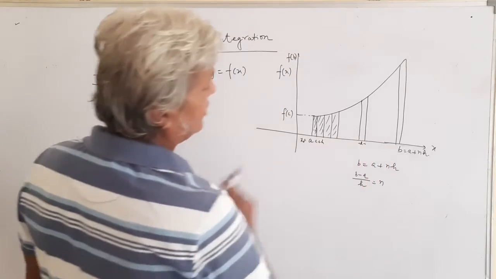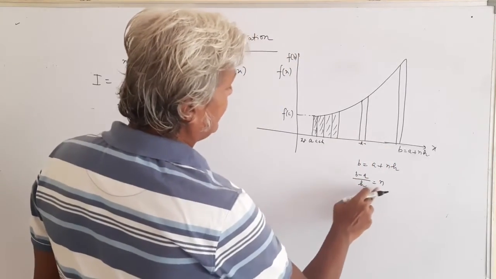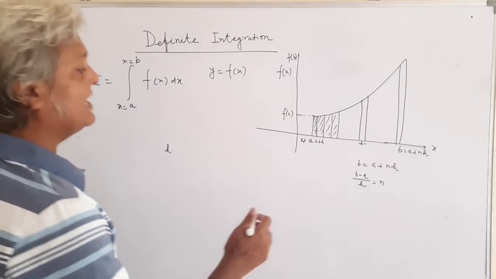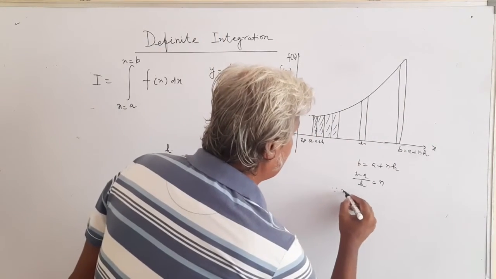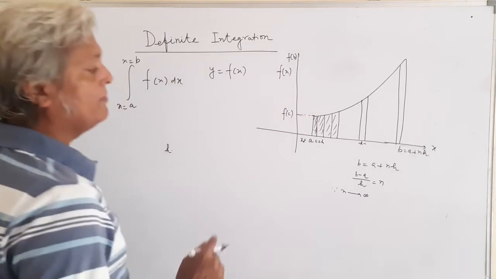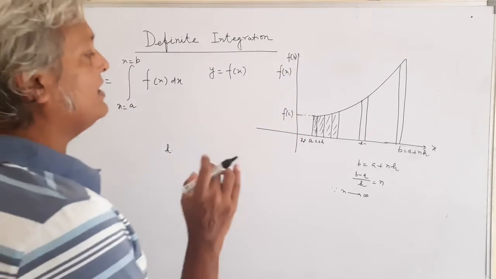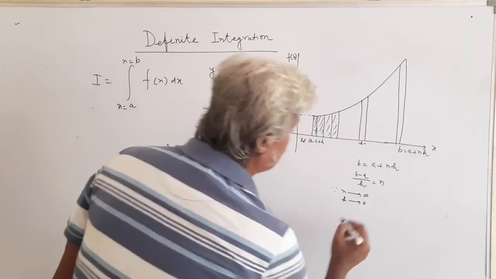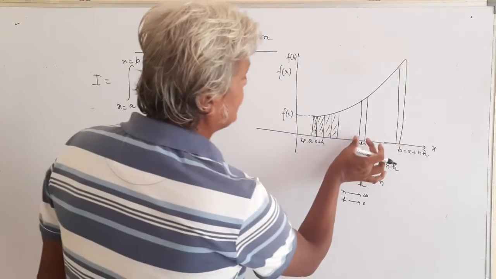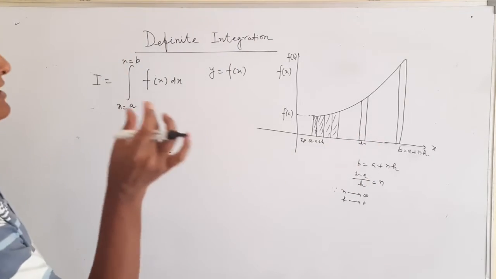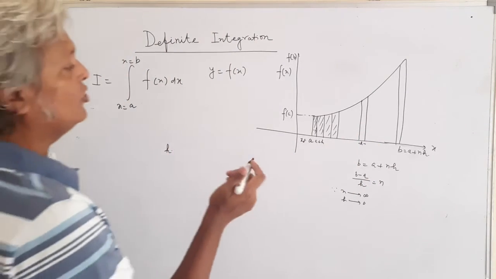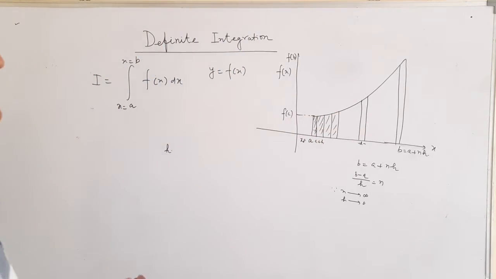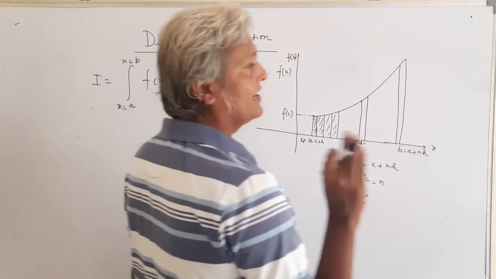So b minus a upon h is n, which gives you the number of strips. If the limit n tends to infinity, meaning there are infinite strips, then h will tend to 0, meaning the thickness of the strip will be so small, just like 0, so that it becomes a fine rectangular strip, even though this is a curve.